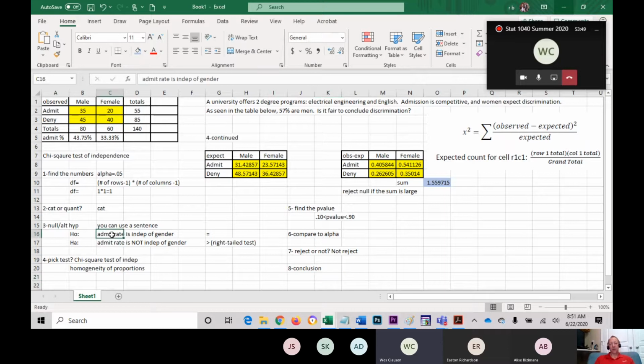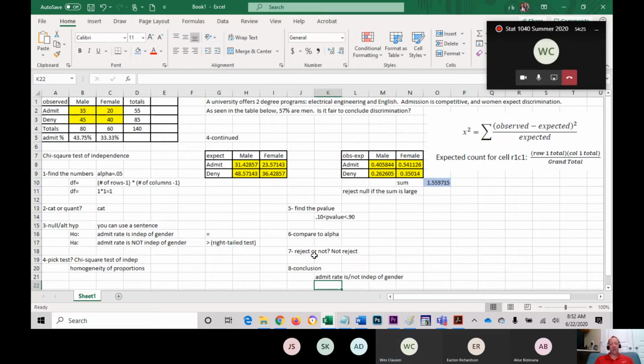Okay, so let's think about this. We said we're not rejecting the null. So if we follow our null hypothesis, the admit rate is not independent of gender.